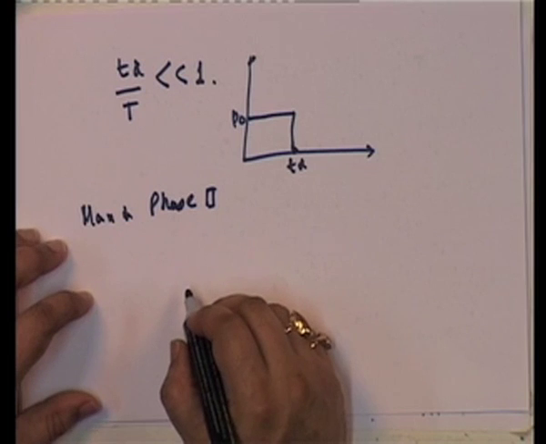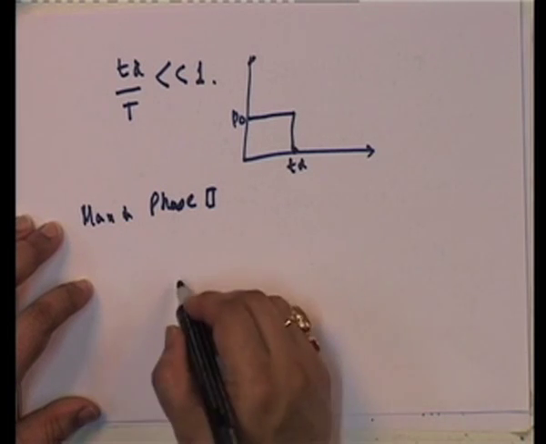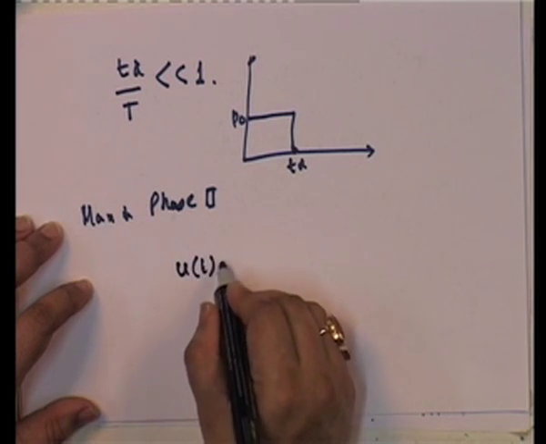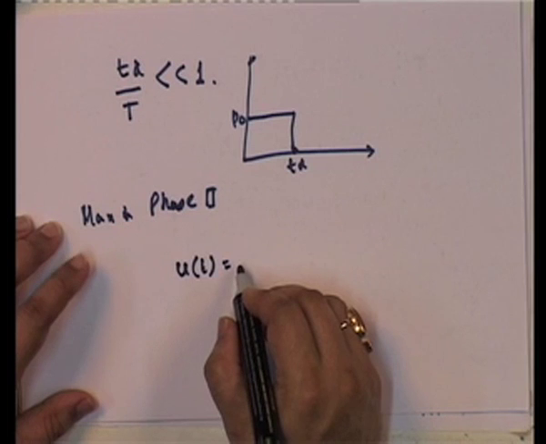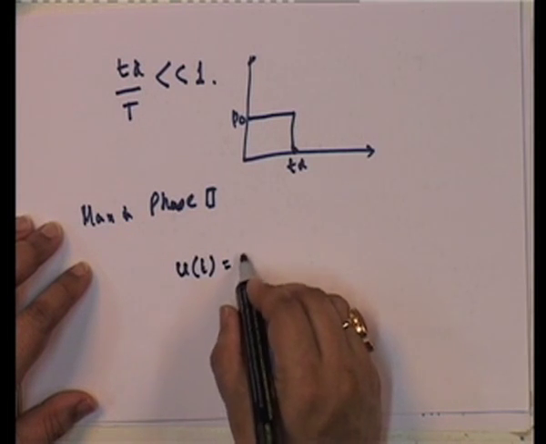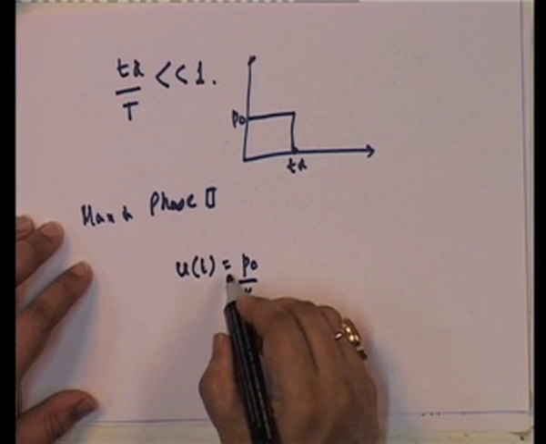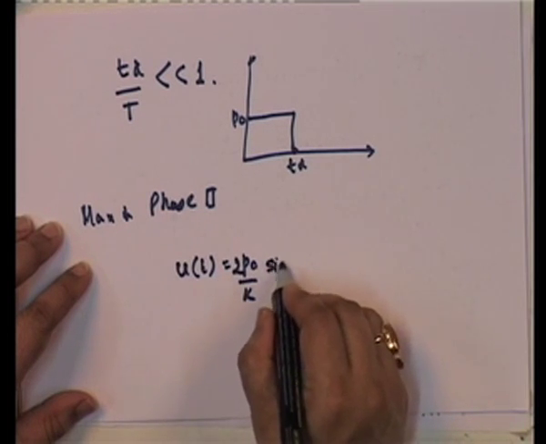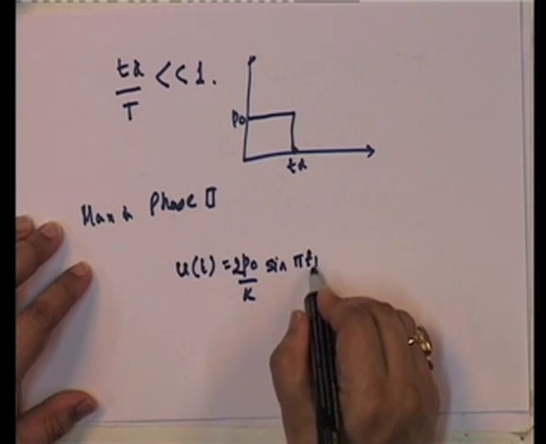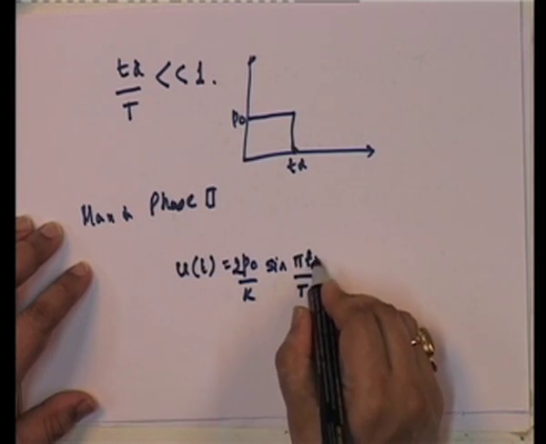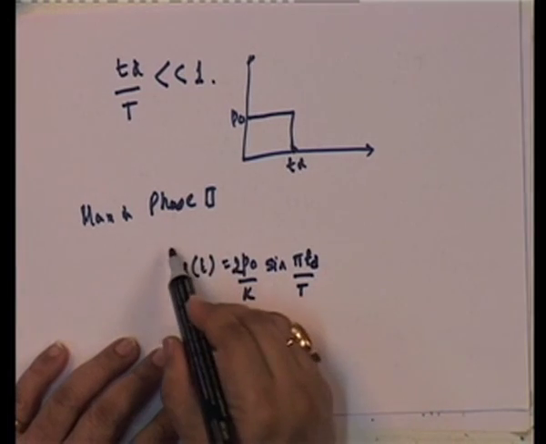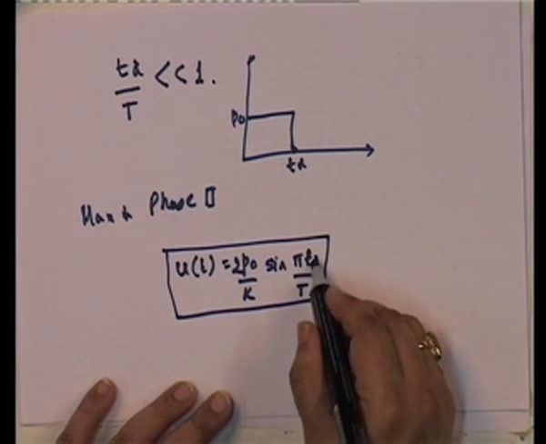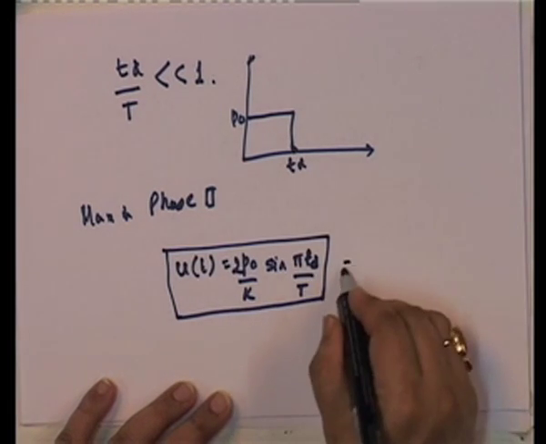And so, therefore, what we have is that u max is equal to P naught upon k times 2 sine of pi Td by t, where this is Td. Now, when Td by t is very small, what does this become?